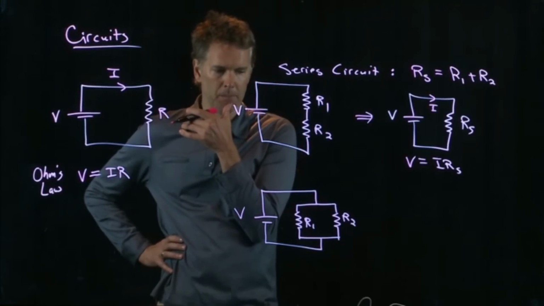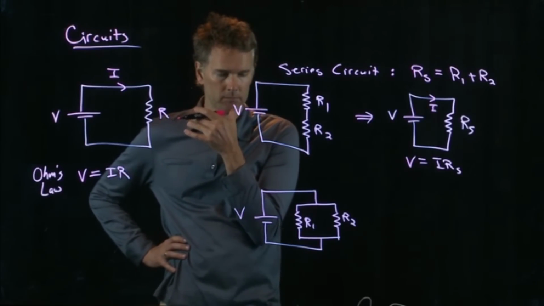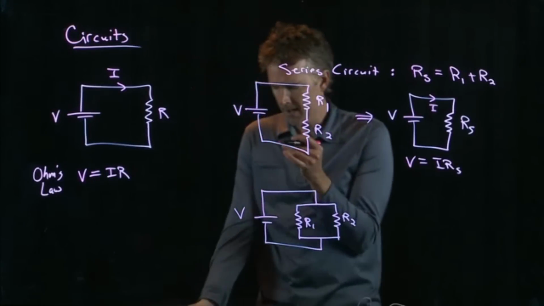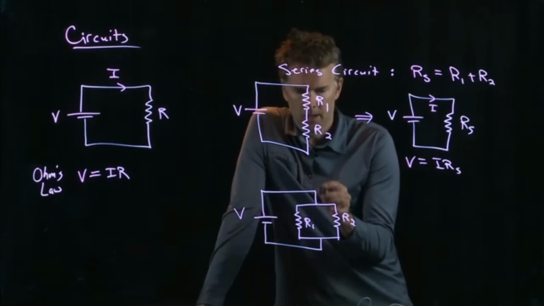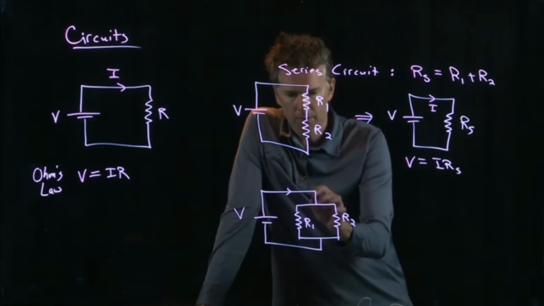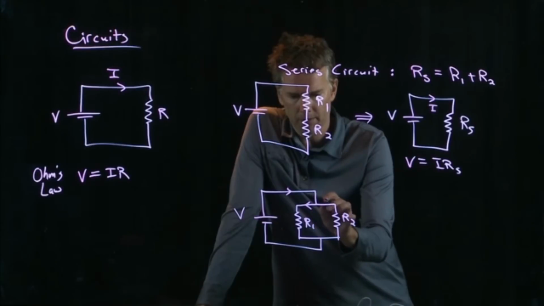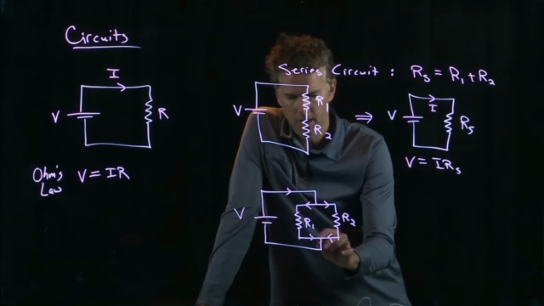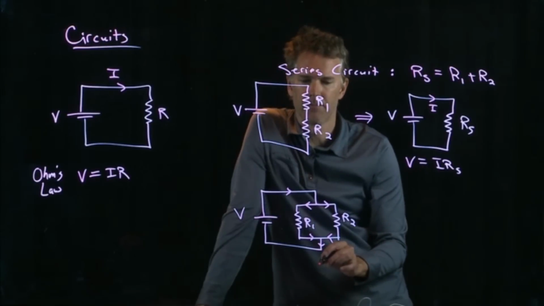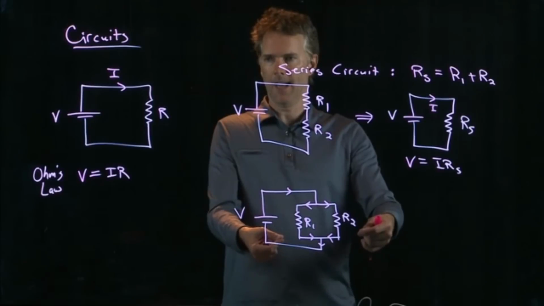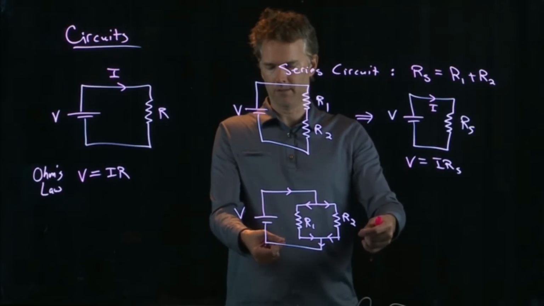How do I think about that? Well, the way I think about it is the following. There are, in fact, two current paths. When the current comes, it splits and goes two different ways around the circuit, and then it comes back together. Okay? So it's like my river splitting into two and going through two different paths.